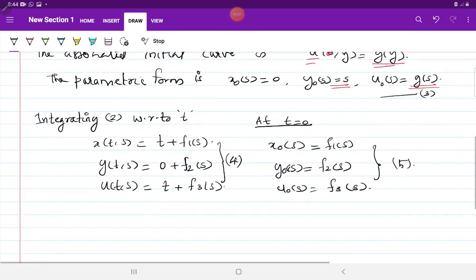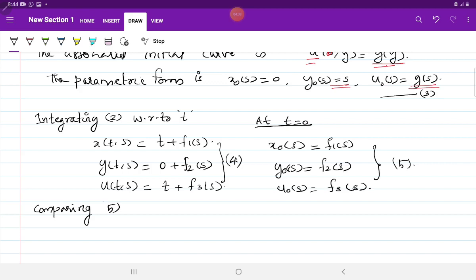Now comparing 5 with equation 3, both are giving the initial values. So x_0(s) is f1(s), and from equation 3, x_0(s) equal to 0.